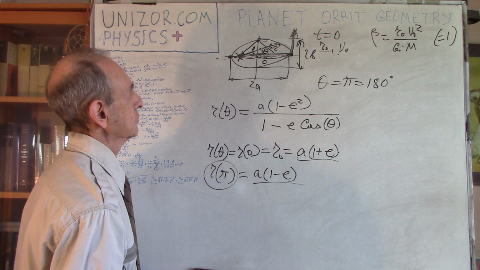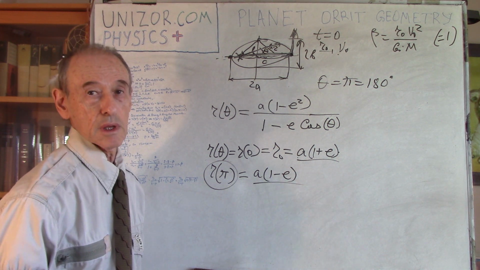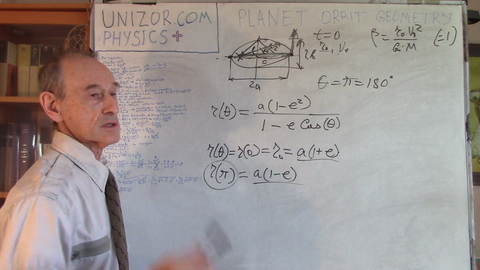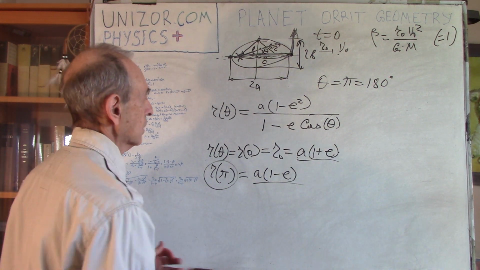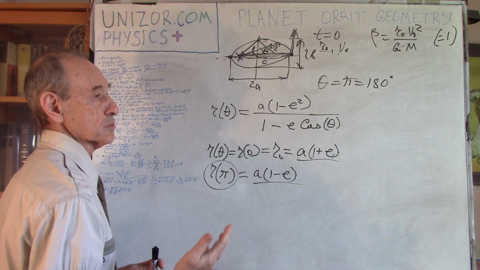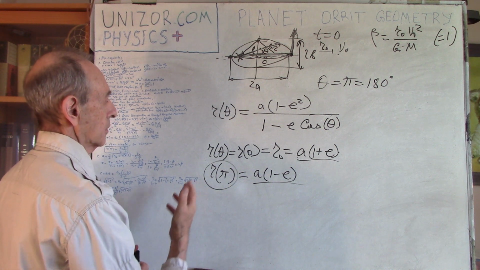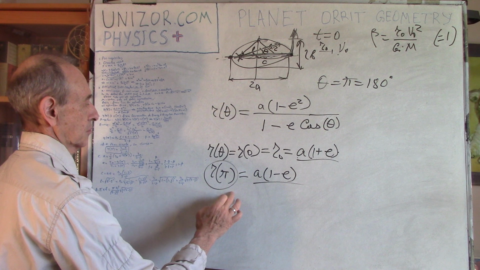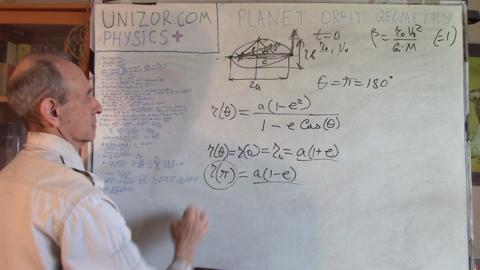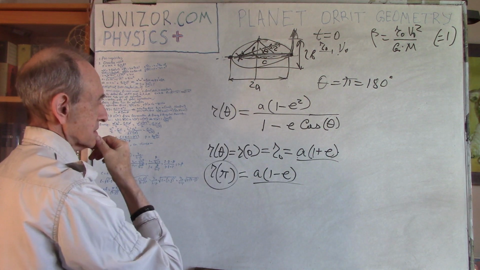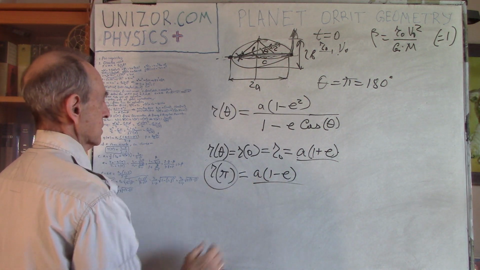And we have energy. So conservation of energy and conservation of angular momentum give us other equations which we need to basically find out what r of pi is, which is supposed to be a minus c actually, but it doesn't really matter. It's the same as this one.